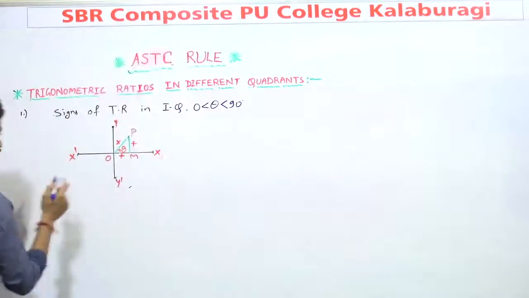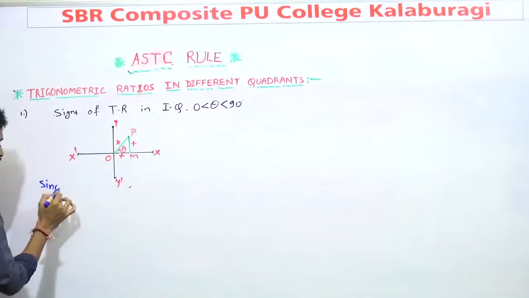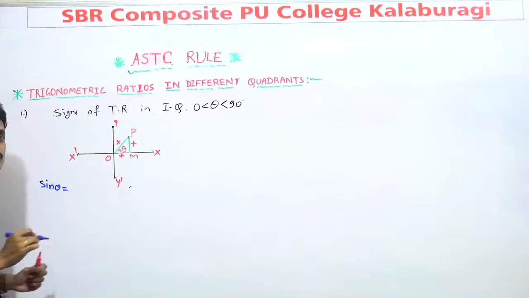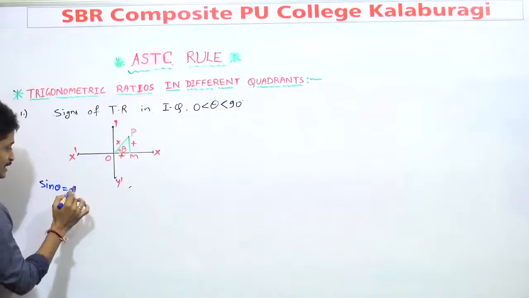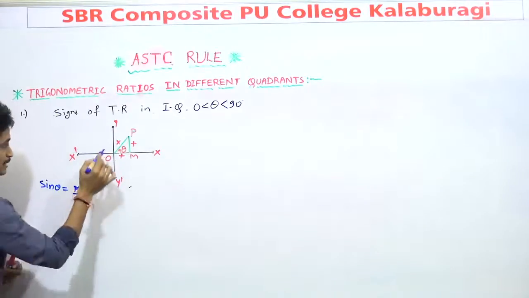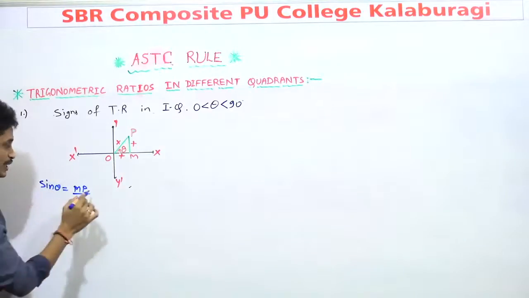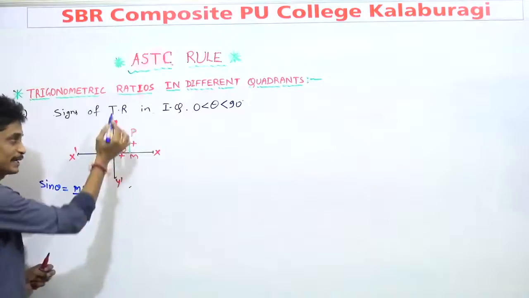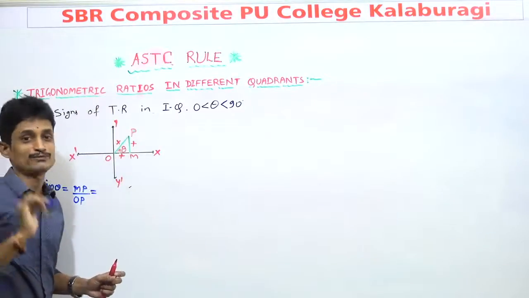First one is sine. What is sin theta in that right angle triangle POM? I define that as MP upon the hypotenuse OP. What is MP here? MP will be along the positive direction of the y-axis.